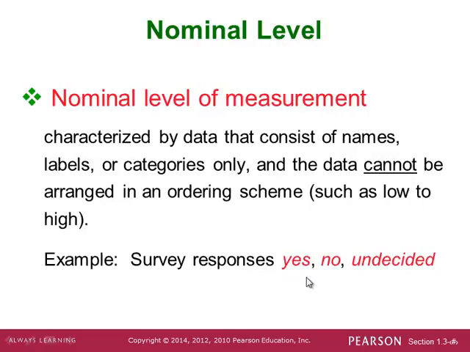For example, if you are asking someone if they support the Affordable Care Act, yes or no or undecided, those are the 3 possible outcomes for each sample. Well, there's really no practical way of ordering these responses. So this is the nominal level sort of data here.